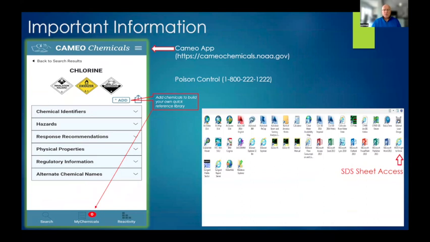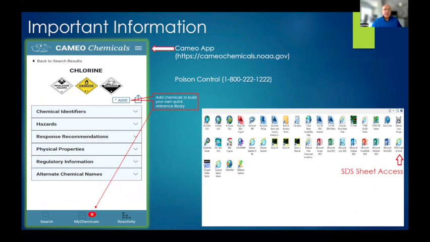Other important information talked about referencing SDSs. As an employee of the district, you have a right to look at these. You have a right to access these. So there's a number of ways of doing it. There's a nice app that you can access. It's free of charge. It's available through the National Oceanic and Atmospheric Administration, that's what NOAA stands for, under the Cameo app.